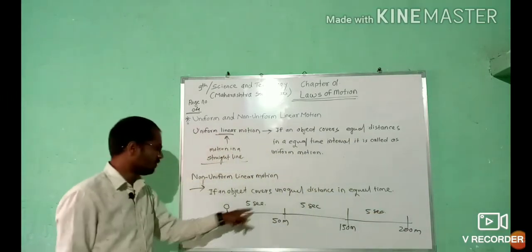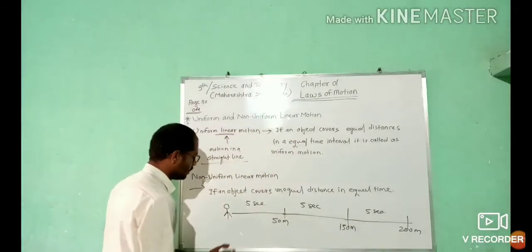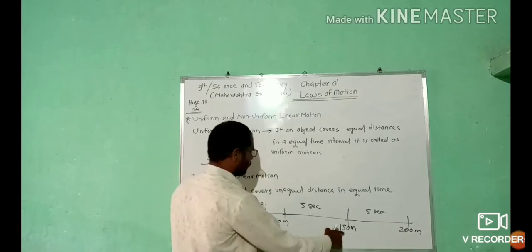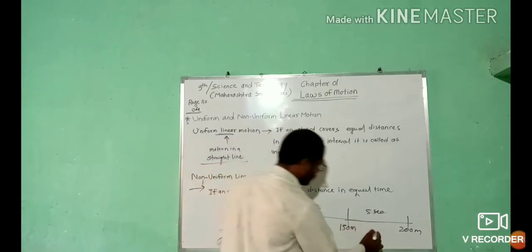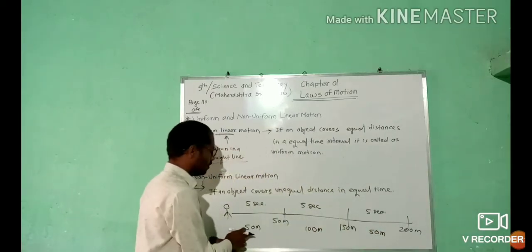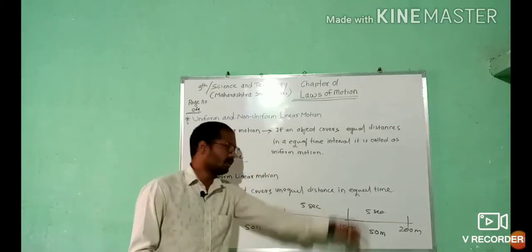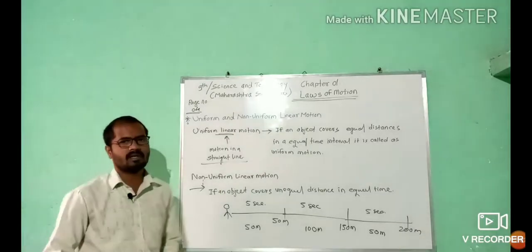Okay, so for each 5 seconds he has covered a different amount of distance. So first he has covered 50 meters, then he has covered 150 minus 50, 100 meters, then he has covered 50 meters. Okay, so he has covered different values of distance in the same interval of time. It means that is the example of non-uniform linear motion.